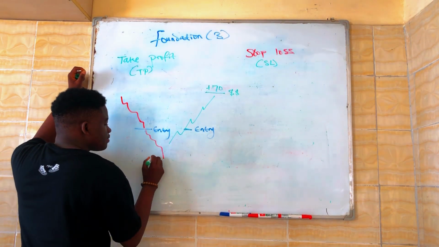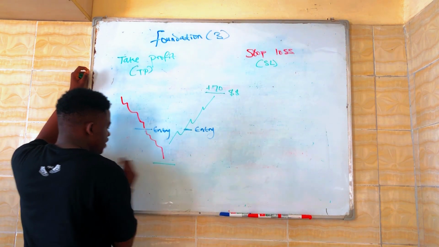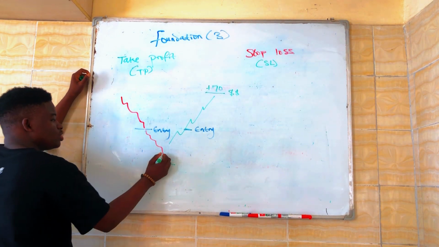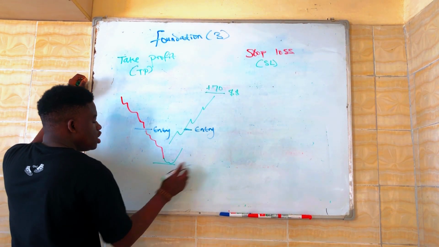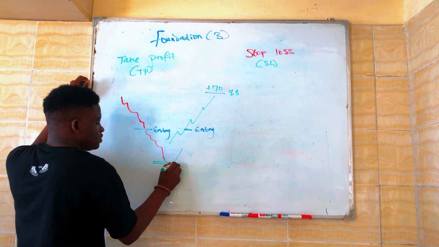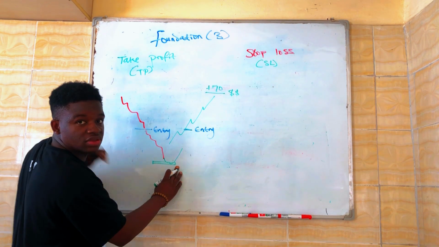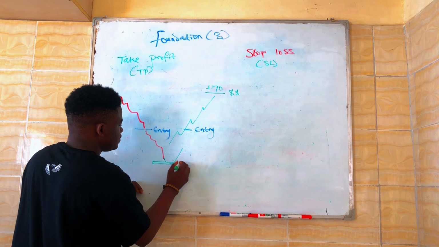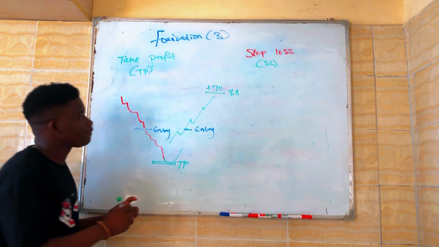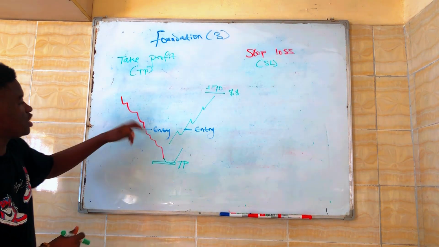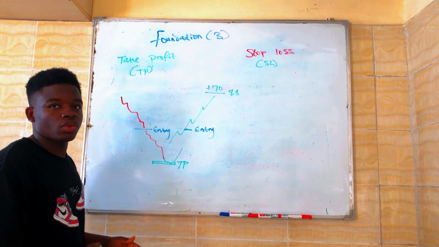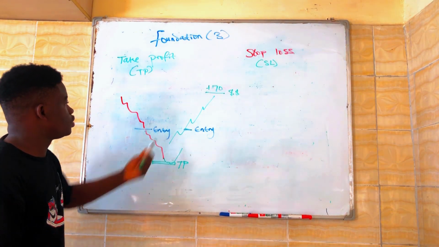Therefore, I want to take my profit at a particular level, maybe I've seen an indication here that is telling me, okay, market will start reversing once it gets here or something. So please, once I get to this particular place that I've set my level at, automatically exit me from the trade in my profit. So you can either take your profits to the sell side or to the buy side, whichever one. Okay? This is an order you're telling your broker to take for you.